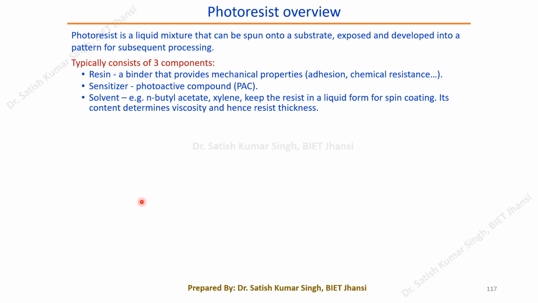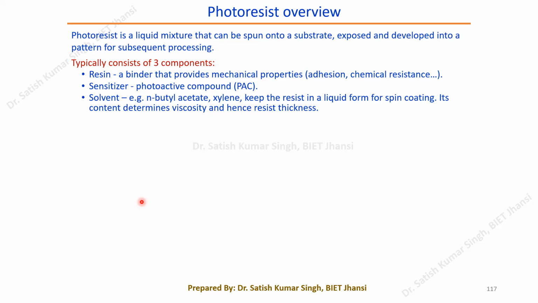That liquid is a mixture of two or three different compounds, mixed to make a liquid state. That has to be spun onto your wafer surface, and then we expose it through a particular wavelength of light, so that we can go for the patterning process.